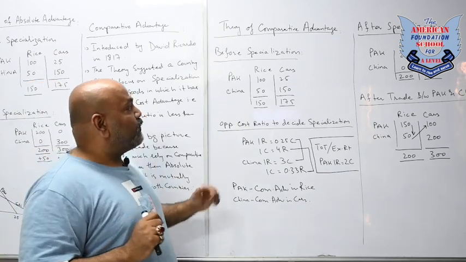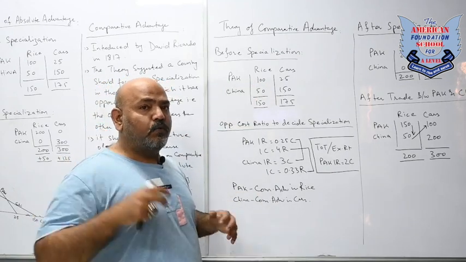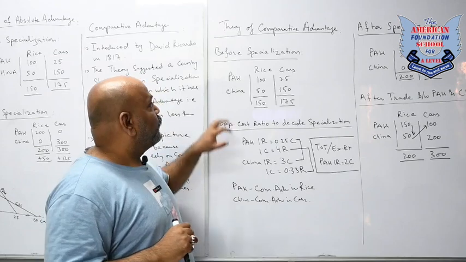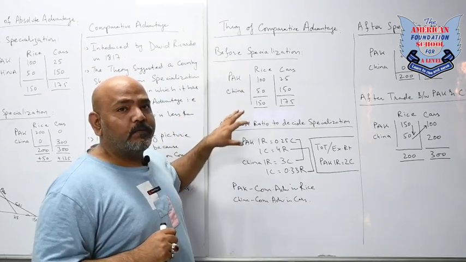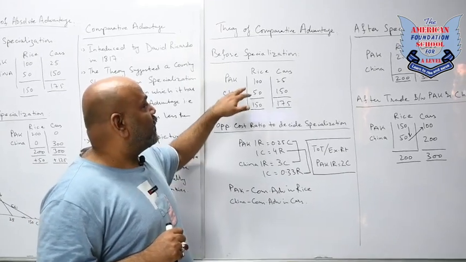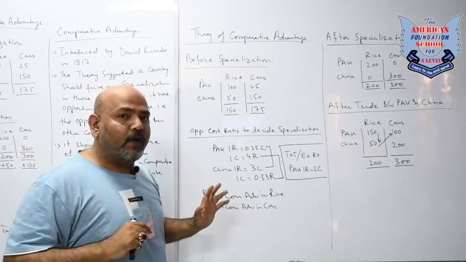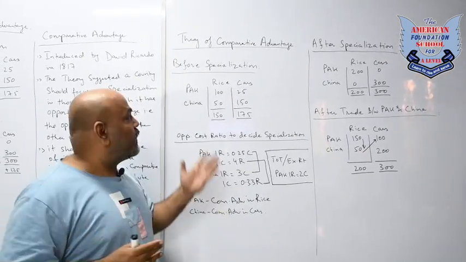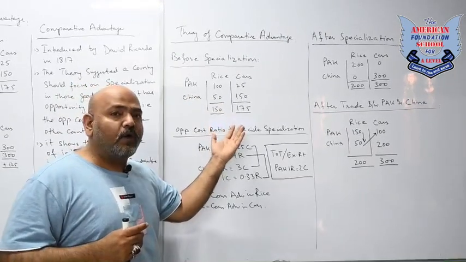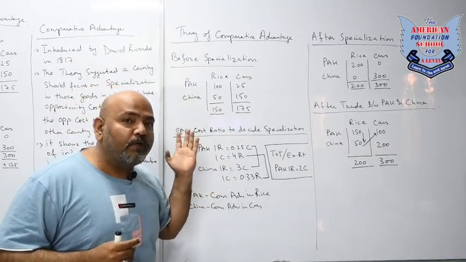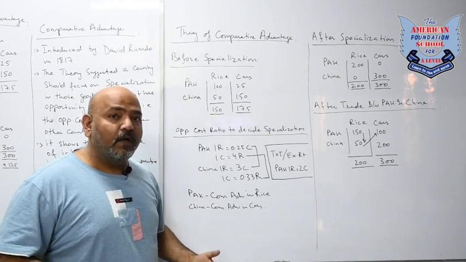Now, I'm using the same values as I have already used in absolute advantage to avoid any confusion. For example, before specialization, this is the output or production possibilities of these two countries. Be careful, this time we are not identifying absolute advantage, because that we can easily find out. Pakistan is producing more rice and China is producing more cars, so Pakistan has an absolute advantage in rice and China has an absolute advantage in cars.